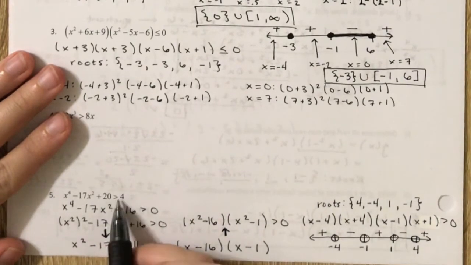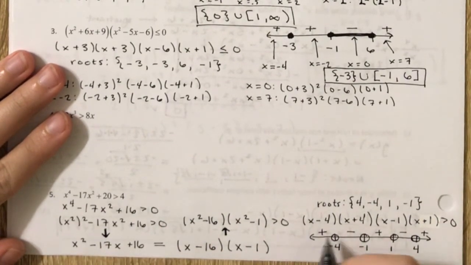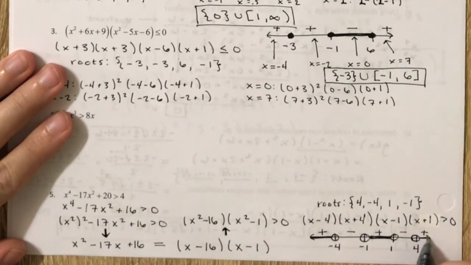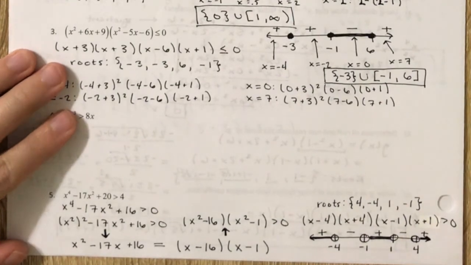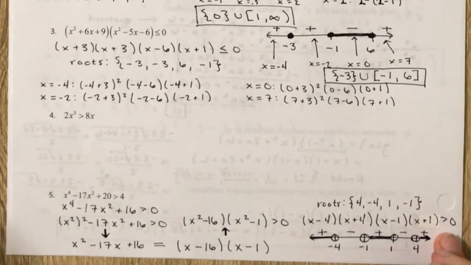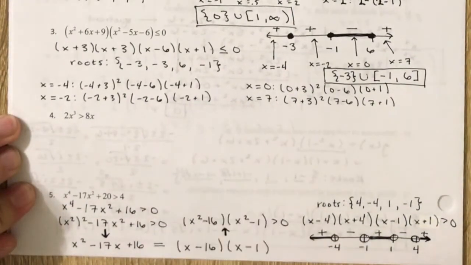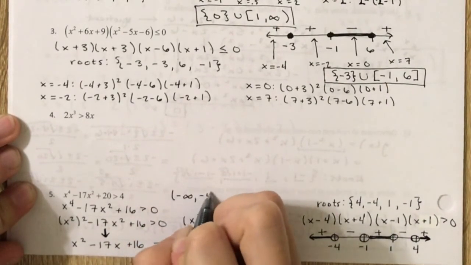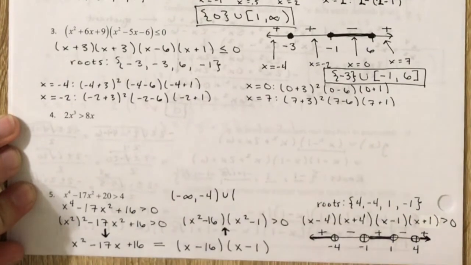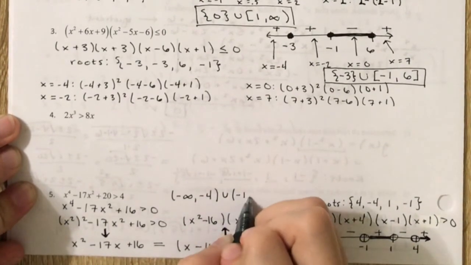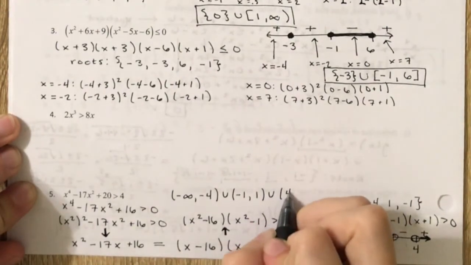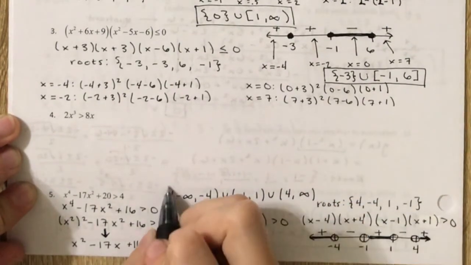And we are greater than 0, so we shade in the positives. So our final answer here, I'm going to write it up here. We have negative infinity to negative 4, then negative 1 to 1, and then 4 to infinity.